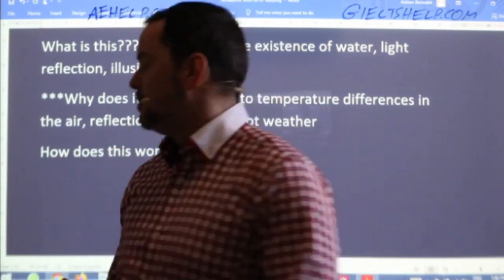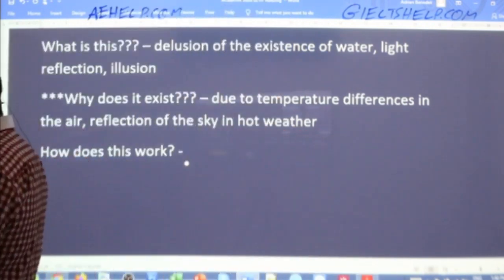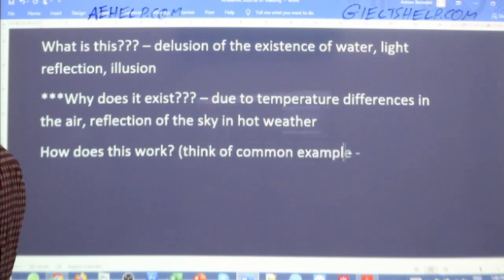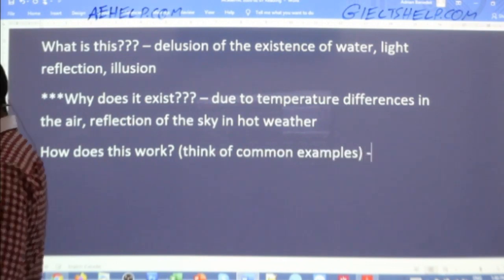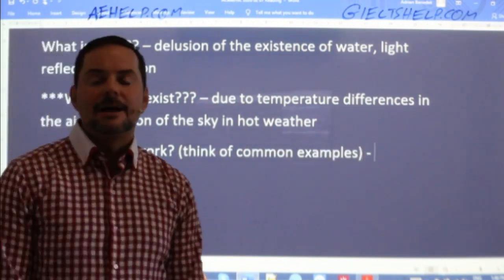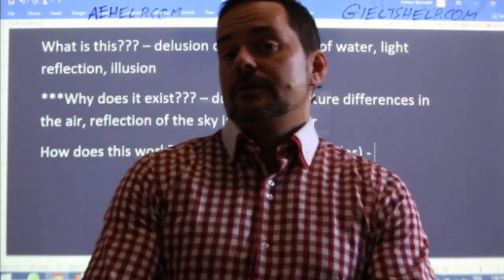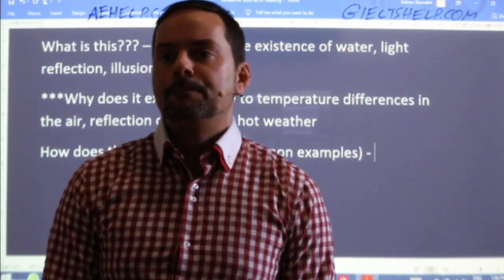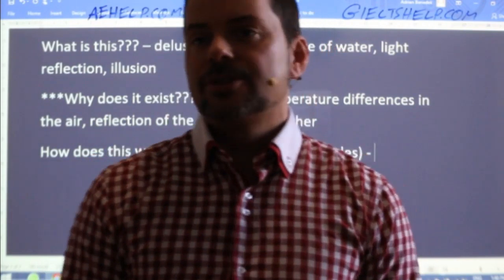Give me an example. When you think about how does it work, think about examples, okay? So think of common examples. What are common examples of mirages? And Rajveer says, it's in the desert on hot days.